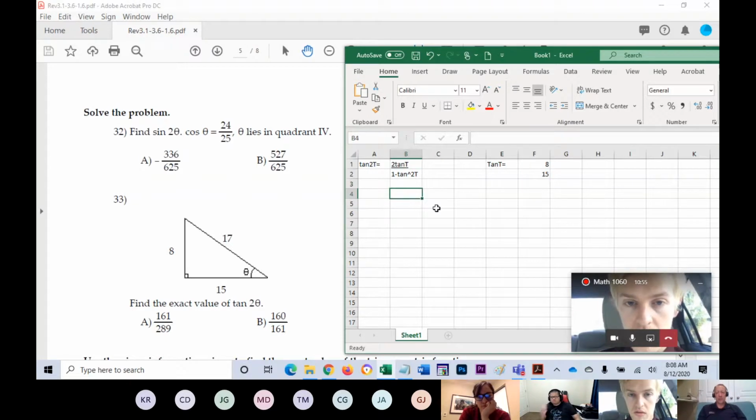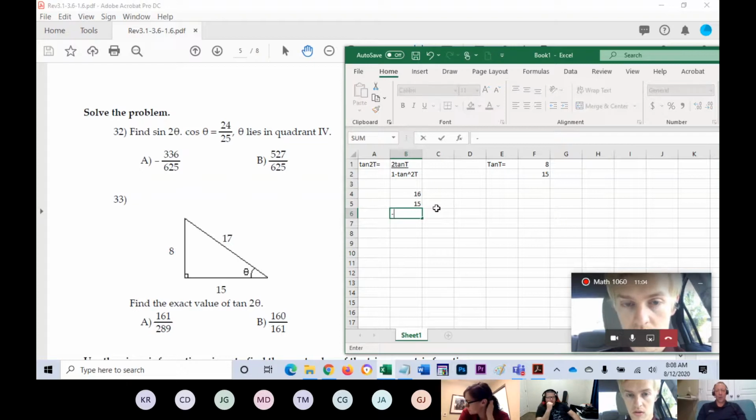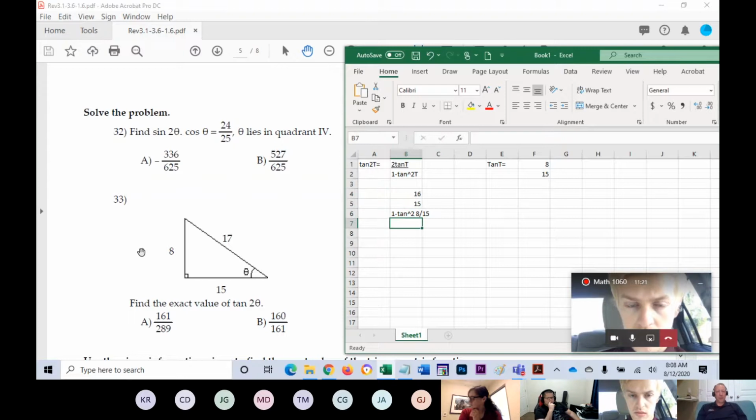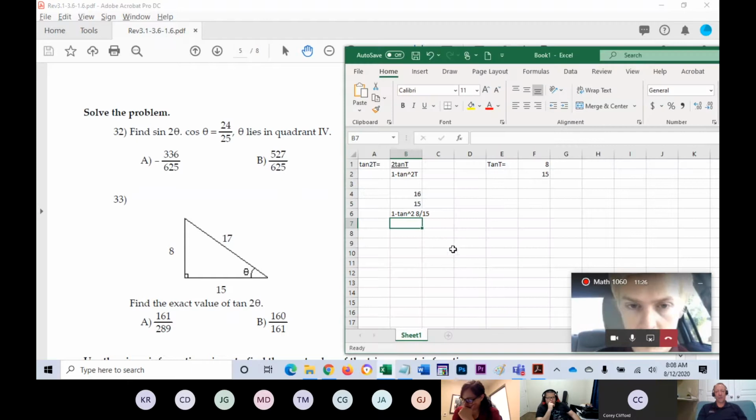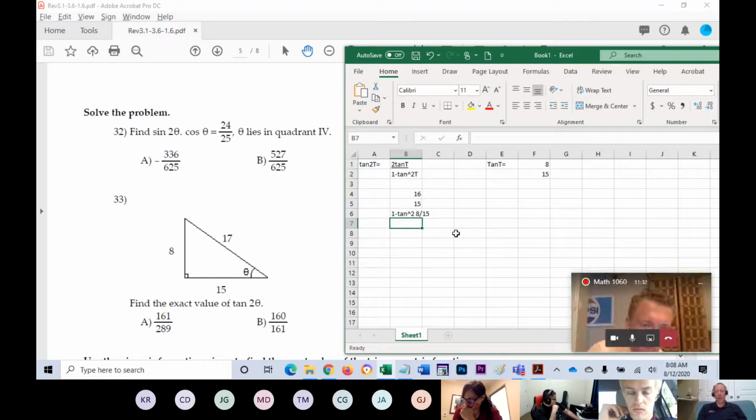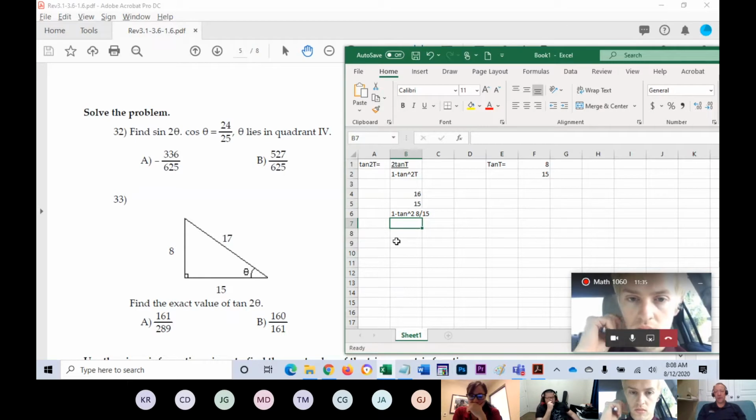If we plug that into our formula, this becomes 2 times 8/15, which would be 16/15, over 1 minus the tangent squared of 8/15. Now, the problem is we're trying to get it into its simplest form.